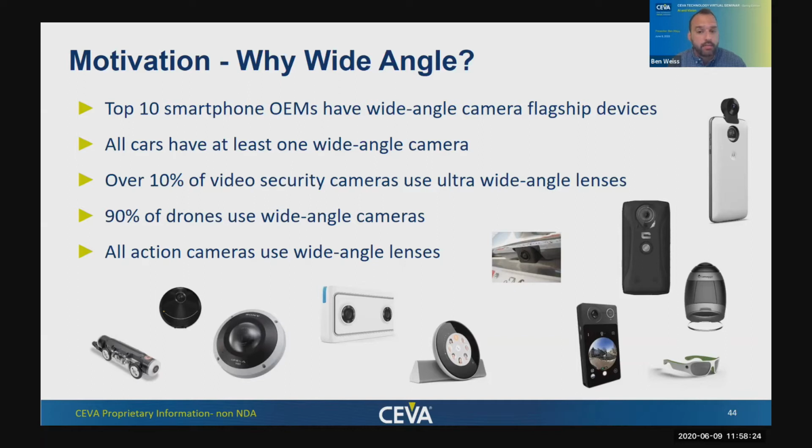All the leading smartphone OEMs have at least one wide-angle camera in their products. All modern cars have at least one wide-angle camera. Ultra-wide-angle lens are used in the video security market, and 90% of the drones and all action cameras use wide-angle cameras.